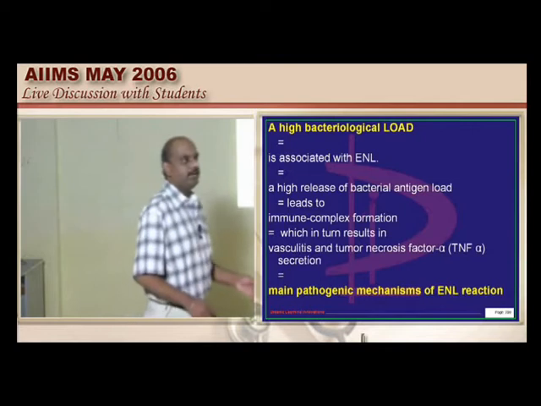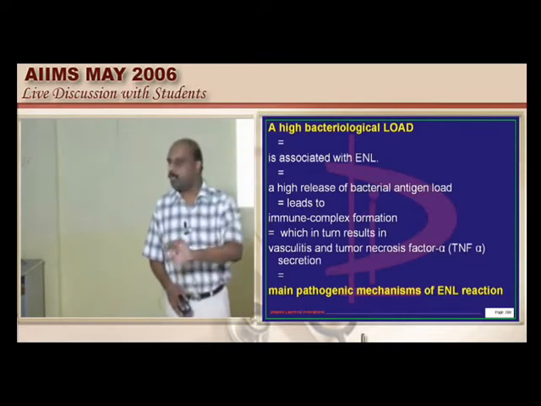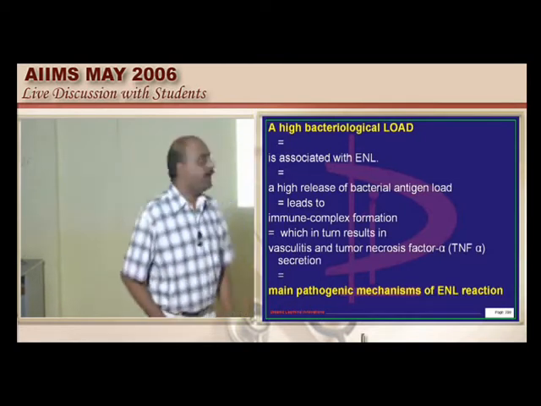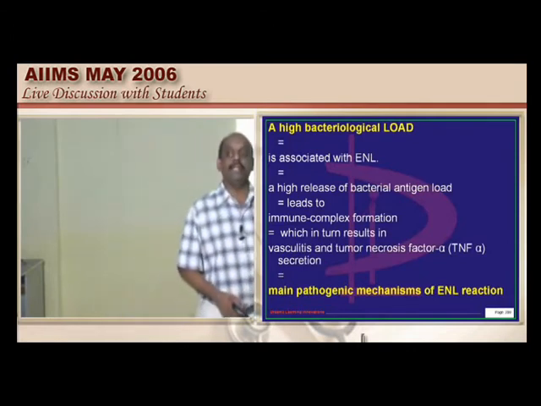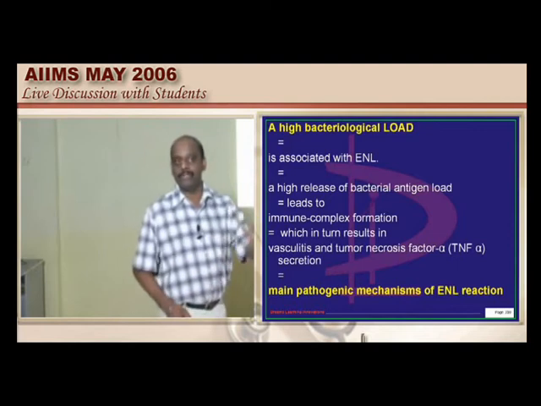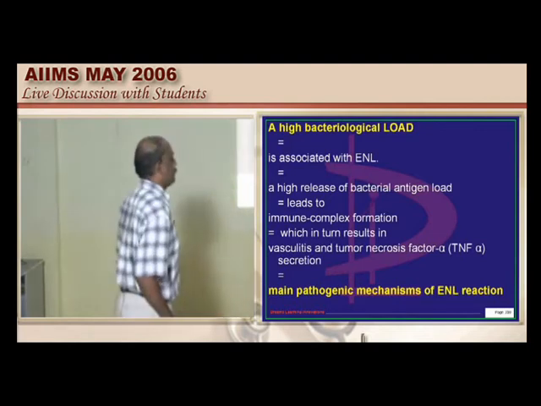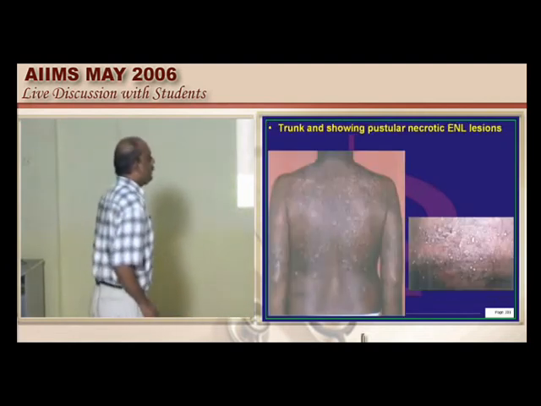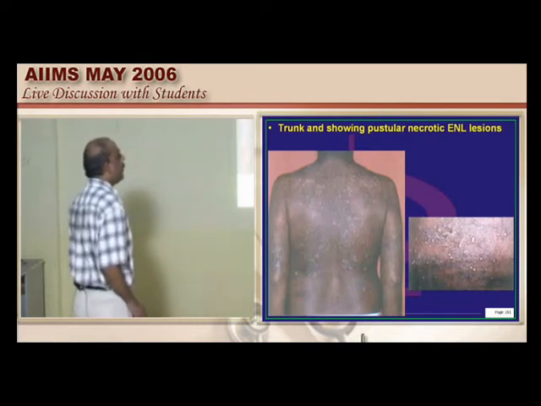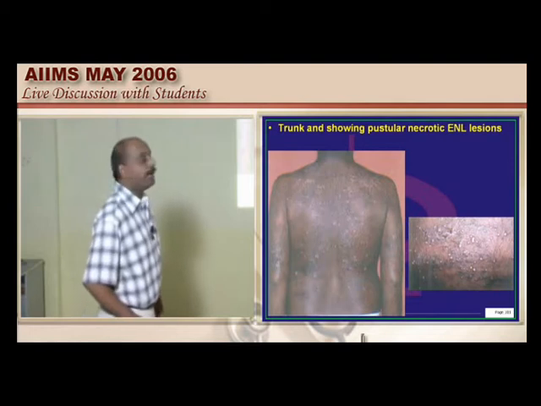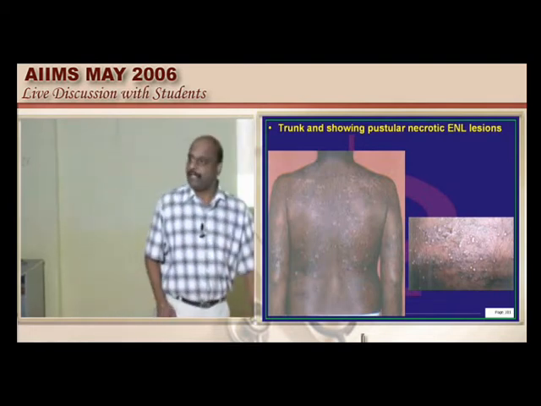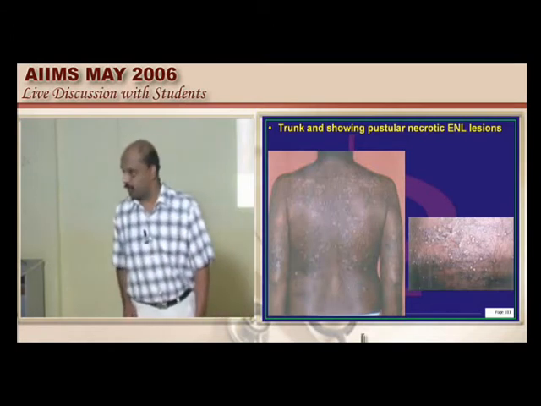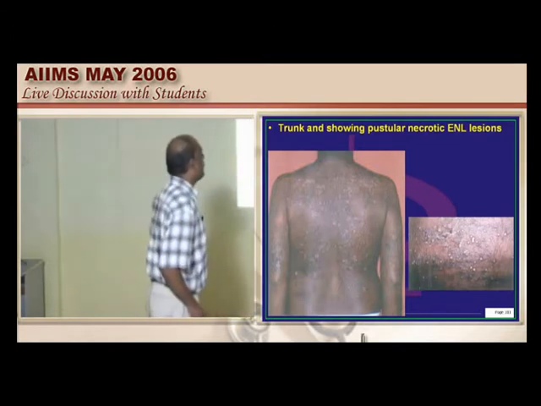In turn, these immune complexes will stimulate the tumor necrosis factor and the vasculitic reaction, which is the underlying pathophysiology in the case of erythema nodosum leprosum, is what I want to once more underscore to all of you. Typically what you are seeing here is on the trunk, there are a lot of pustular necrotic lesions which are typical of erythema nodosum leprosum. So a patient of erythema nodosum leprosum is typically the one who has a very high bacterial load, is what you need to fundamentally understand.